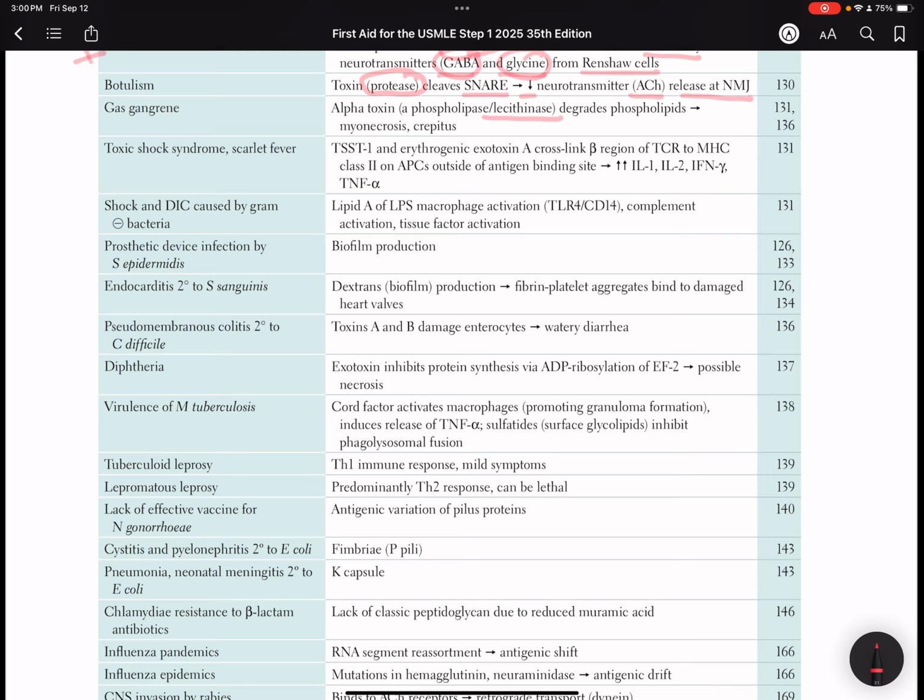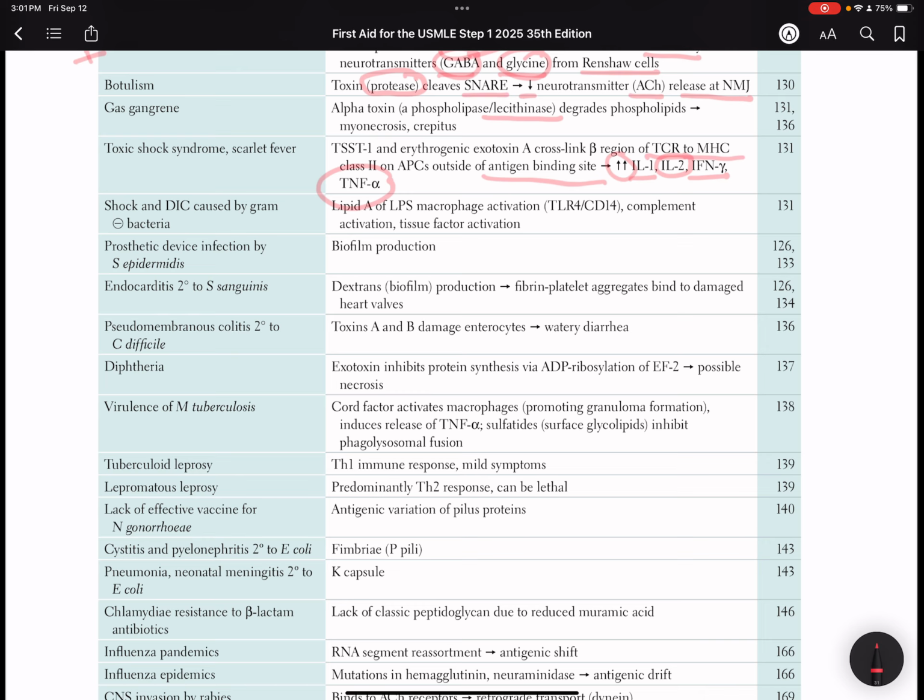TSST1 and erythrogenic exotoxin A cross-link beta region of TCR to MHC class 2 on APCs outside of antigen binding sites, which leads to increase interleukin 1, interleukin 2, interferon gamma, TNF alpha.